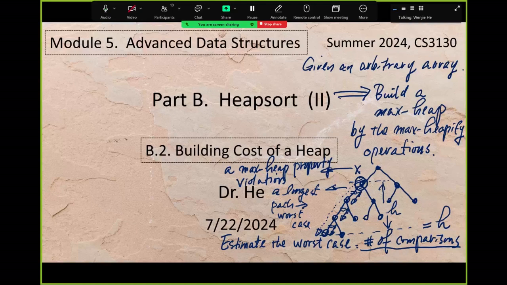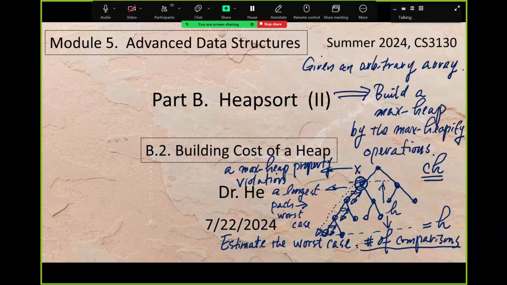So if we want to estimate the cost, if we just fix one dirty node violation, the cost is some certain constant C times H. There is some constant, okay? You need to do some work, but that work we can represent with a general constant.